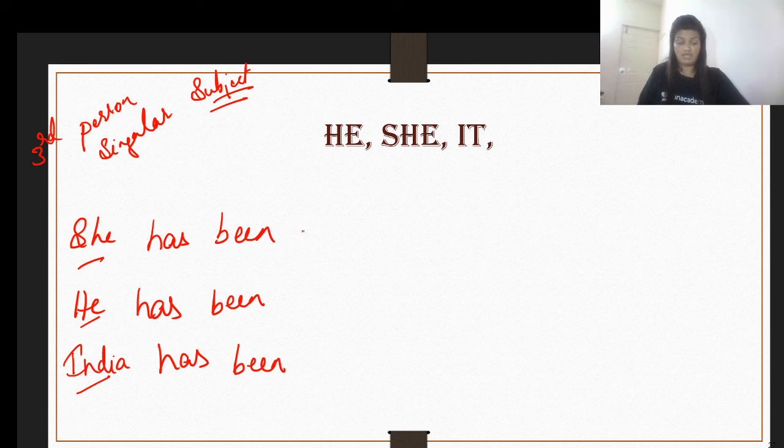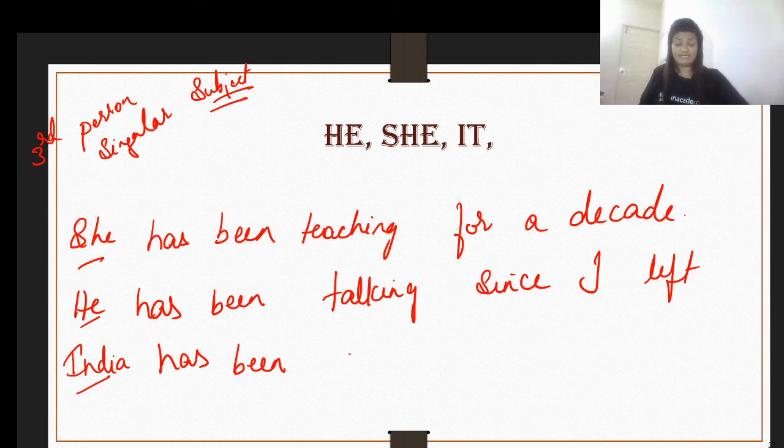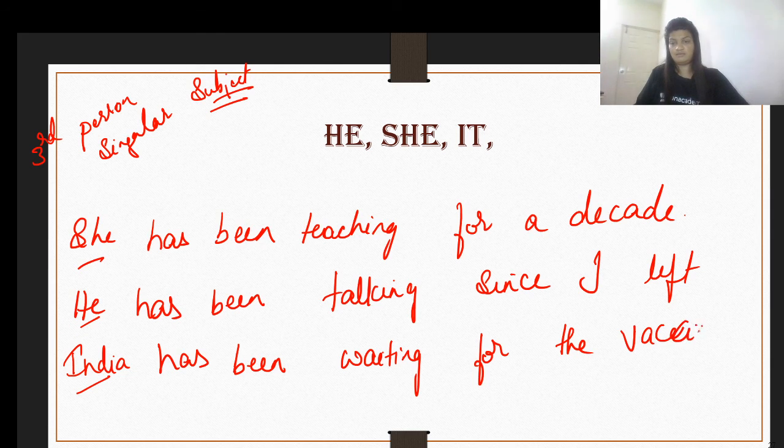She has been teaching for a decade, or he has been talking since I left, or India has been waiting for the vaccine since lockdown, or since March.